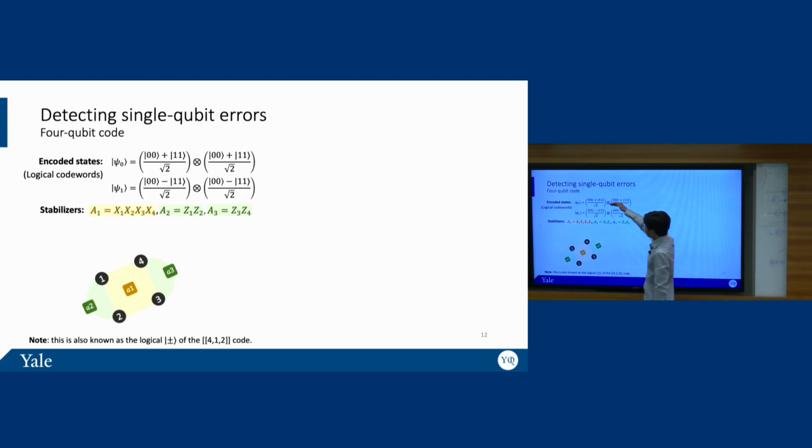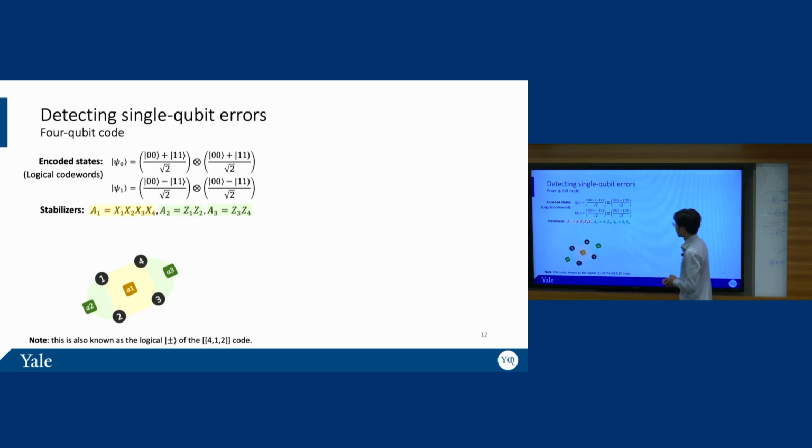We're going to assume that the logical information is stored across 4 physical qubits, and they are encoded in these entangled states. If you notice, these are sort of 2 Bell pairs, but they are spread across 4 different physical qubits that I label as 1, 2, 3, 4 in dark circles.